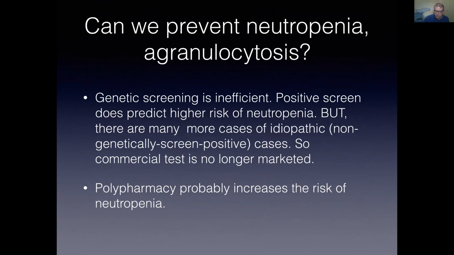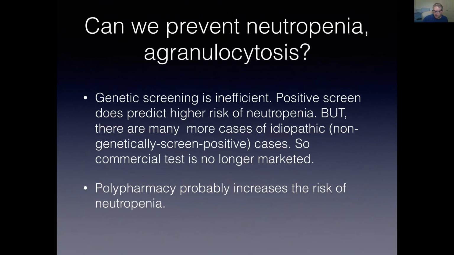There were some genetic screening packages that were on the US market, or on the worldwide market, which would look at a panel of immune antigens. Among the HLA antigens were key in that genetic screening algorithm. And if you were positive on the genetic screen, that did predict high probability of transition to neutropenia.